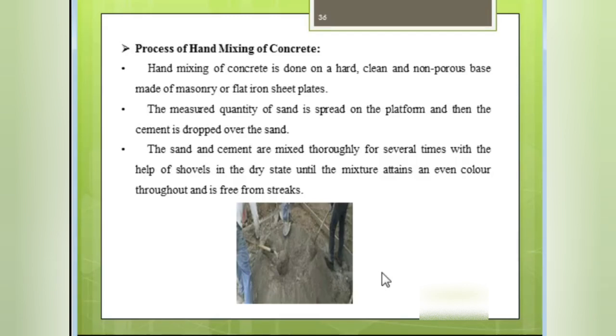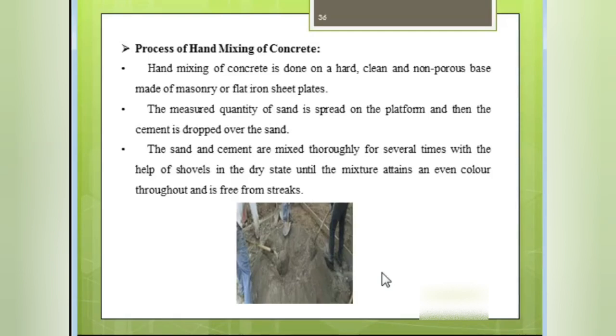A hard, clean, and non-porous base is required on which we mix the concrete. Then measure the quantity of sand and spread it on that platform. First, we have to add sand, then aggregate, and then cement. And then dry mix, we have to first mix all ingredients.